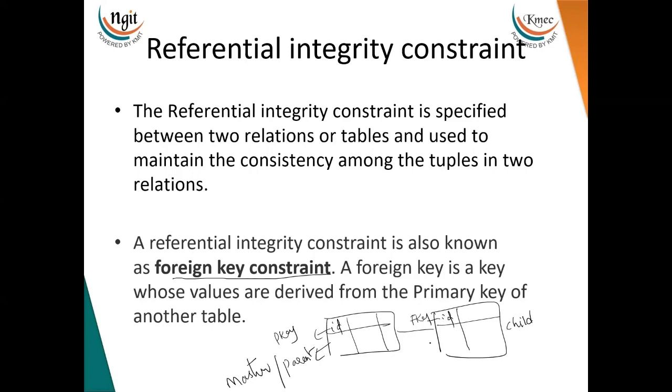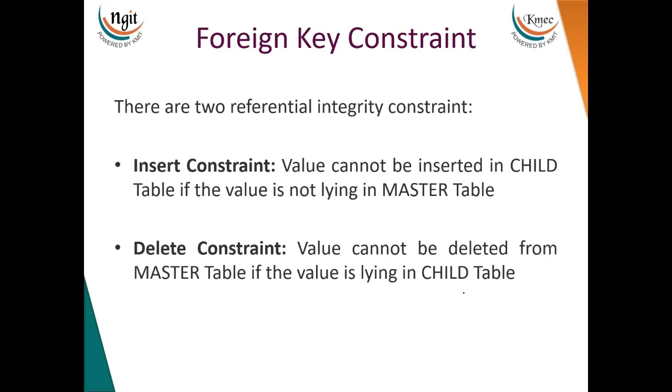Now we will see certain constraints which come under referential integrity constraint. Namely, we have two different constraints: insertion constraint and deletion constraint. What is insertion constraint? A value cannot be inserted in the child table if the value is not lying in the master table. Similarly, a value cannot be deleted from the master table if the value is lying in the child table. Now let me take an example.